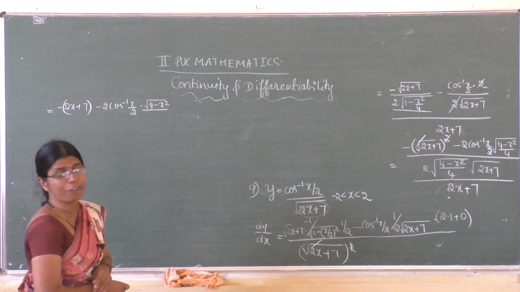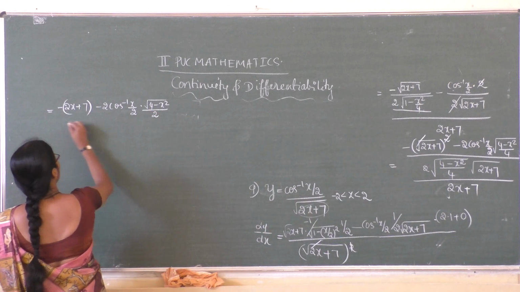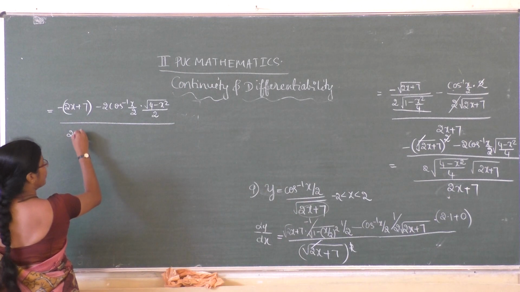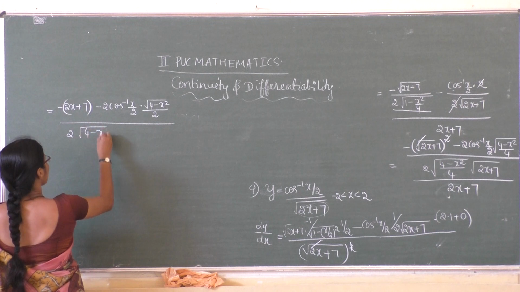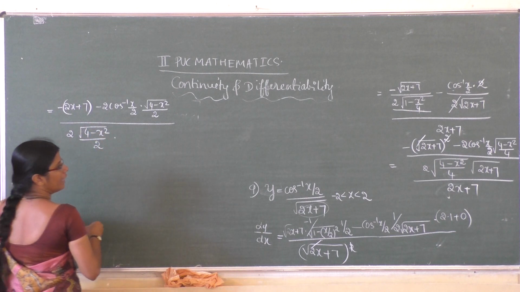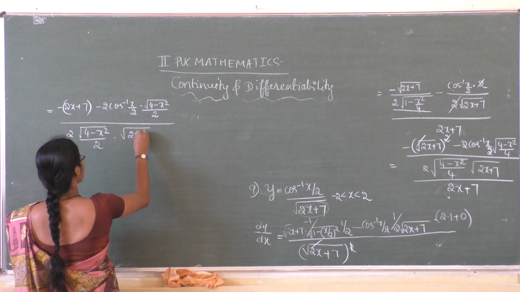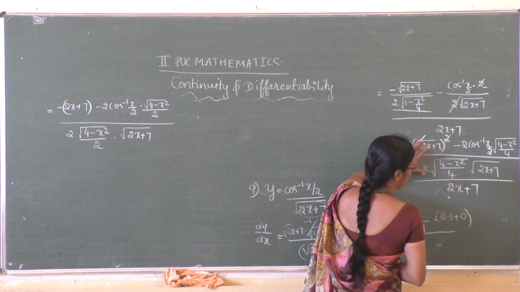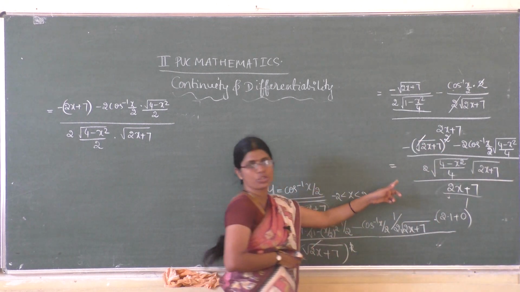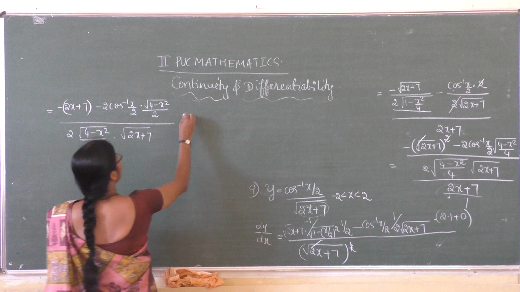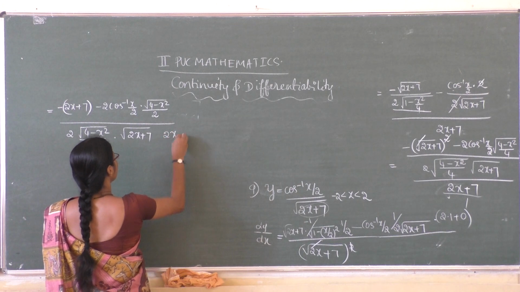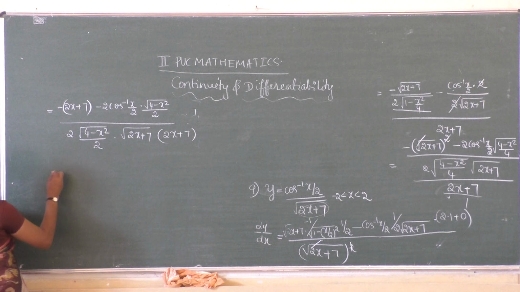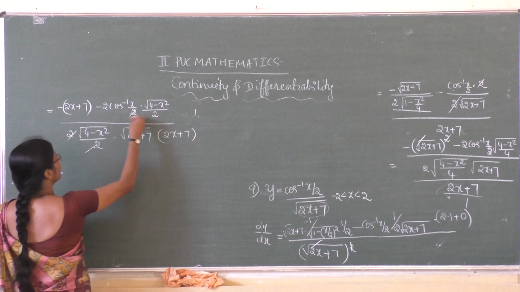In the denominator we have root 4 and that becomes 2, divided by 2 into root of 4 minus x square by 2, and here this is root 2x plus 7. And this is one term, the total in the numerator, and this is in the denominator. So 2x plus 7 by 1 becomes 1 by 2x plus 7. Now 2 and 2 cancel.